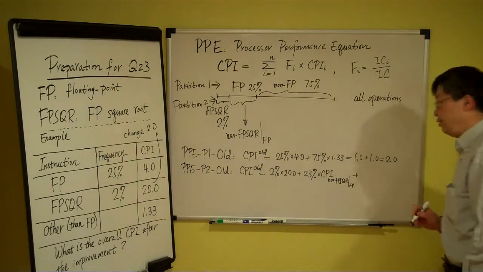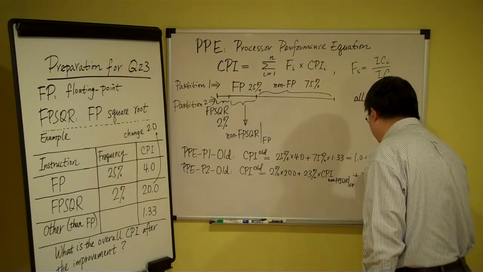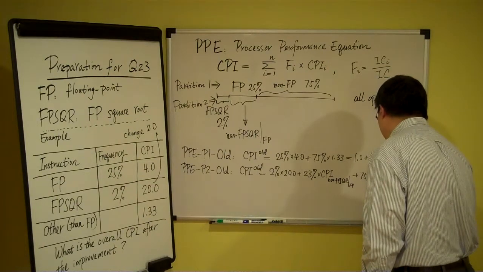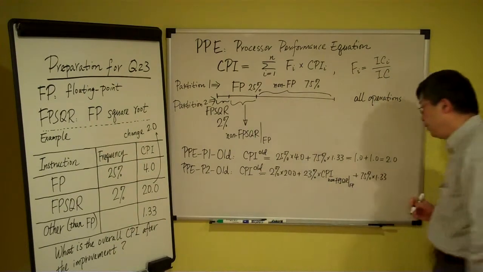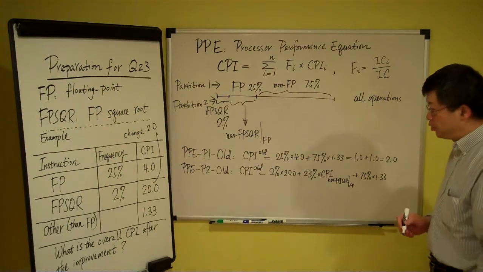Plus the third term. We do not need to simplify this at this point. We just leave it there, because if you simplify it too early, it may not be the best way.